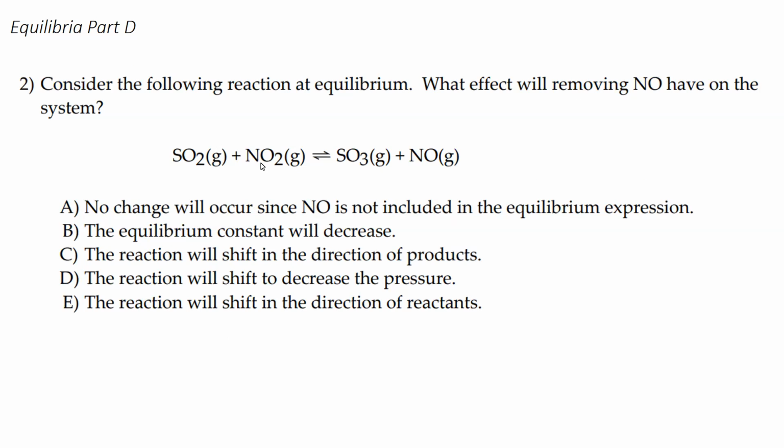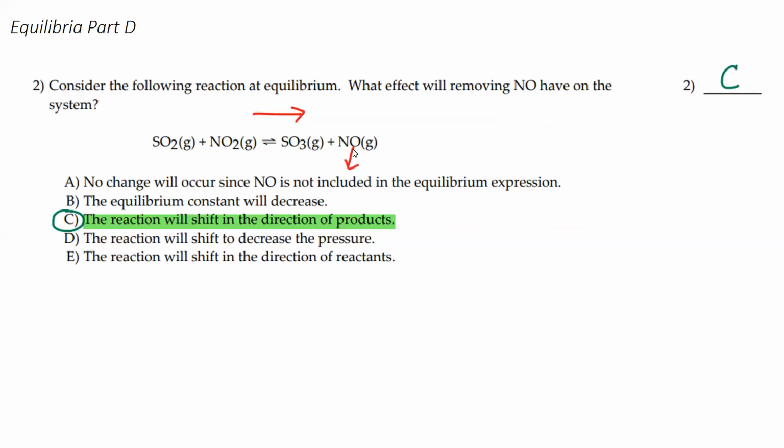Now we're looking at the same reaction, but what's going to happen when we remove NO? If we remove NO, we're going to have to do something to replace the NO that we took away. So think about if you were bringing cookies to a family get together and you said you were going to bring 32 cookies so that there's one cookie for everybody at the party, and your dog eats 6 of the cookies and you're like, oh no, what do I do?